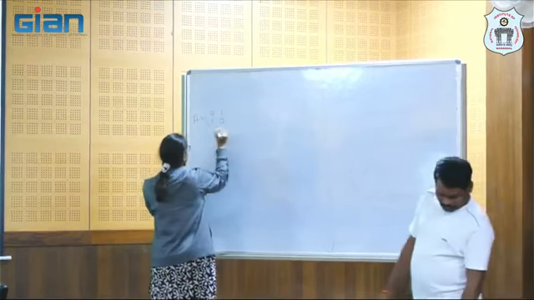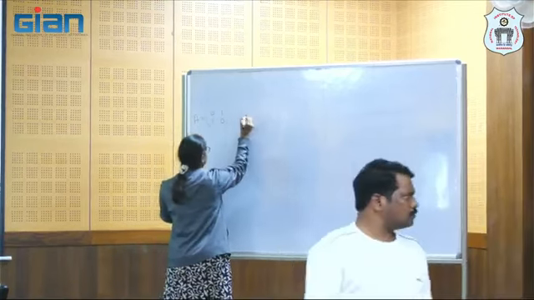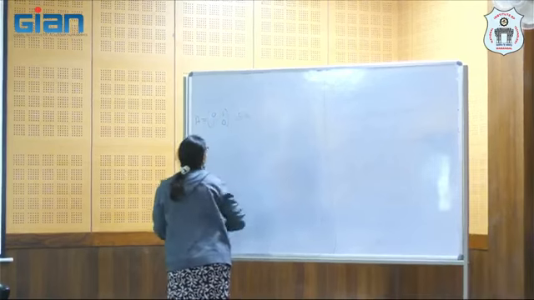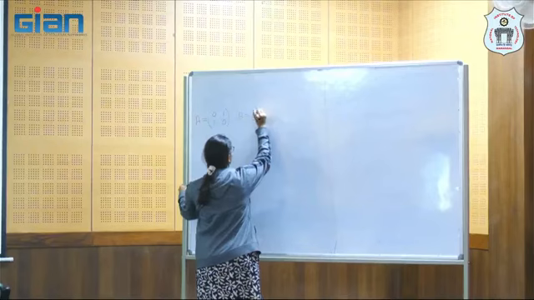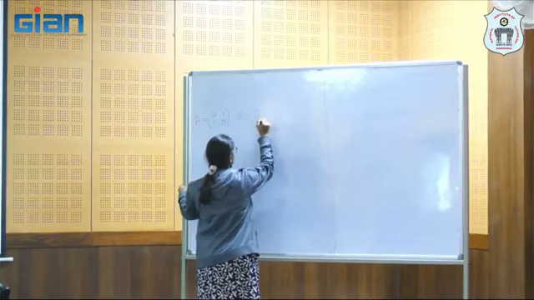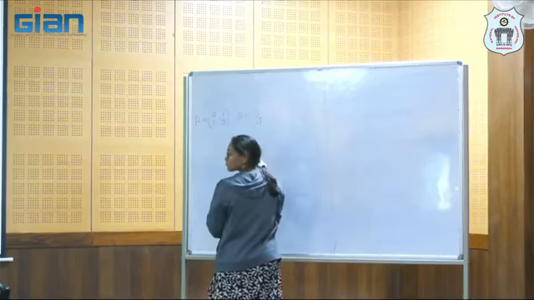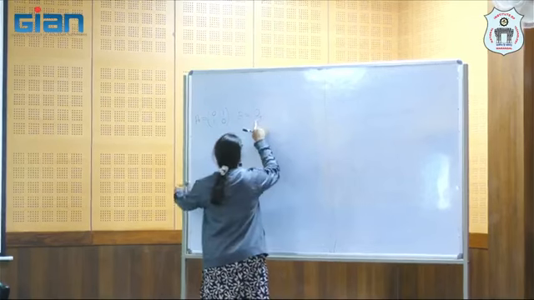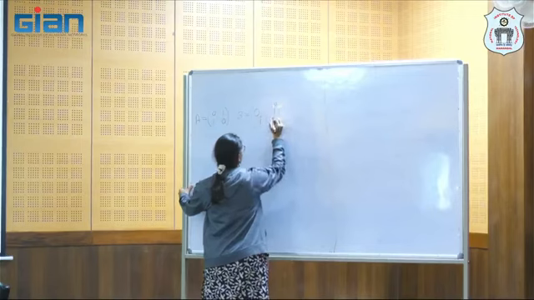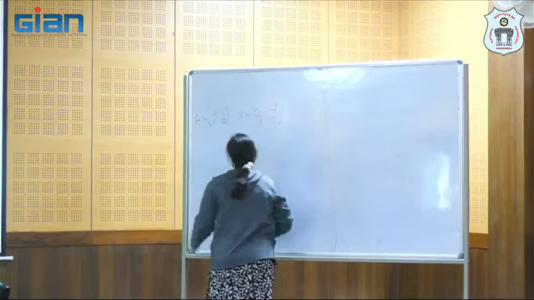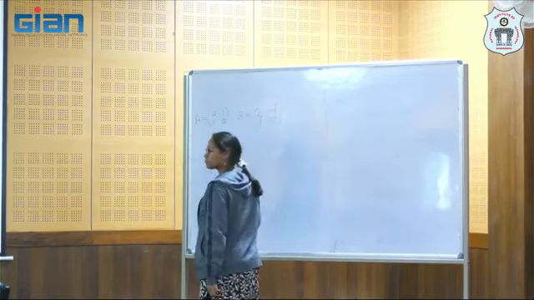Matrix B is 0 minus i, then i, 0. Now just do the tensor of A and B.